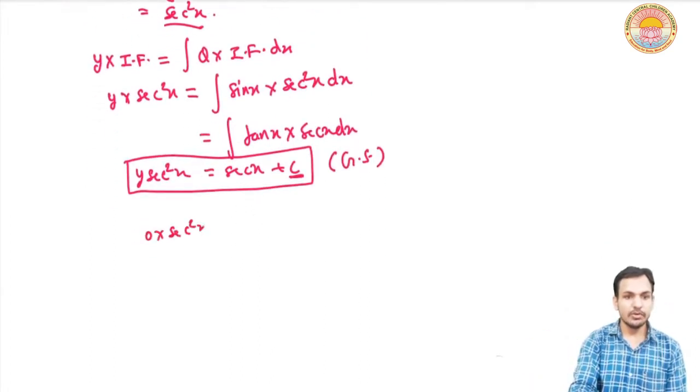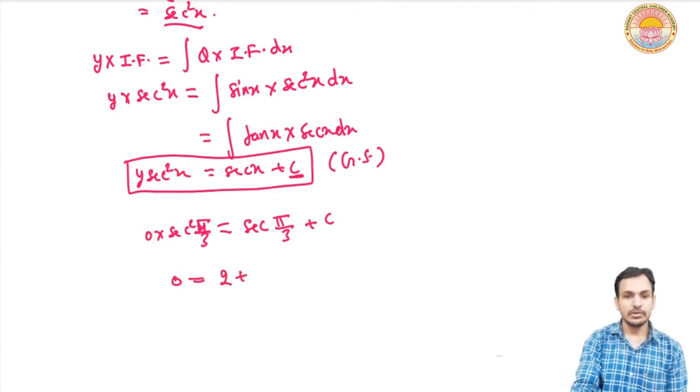and x is equal to pi by 3, we will get 0 into sec square pi by 3 is equal to sec pi by 3 plus c. So it will give 0, and sec pi by 3 is 2, sec 60 is 2. So 2 plus c is equal to 0, which means c is equal to minus 2.